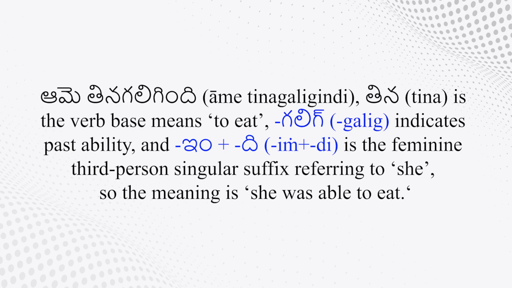For example, ఆమె తినగలిగింది. తిన is the verb base, it means to eat. Galig indicates past ability, and indi is the feminine third person singular suffix referring to she. So the meaning is she was able to eat.